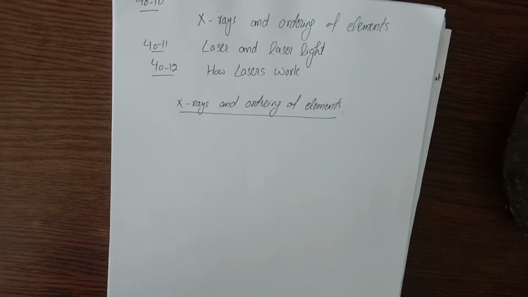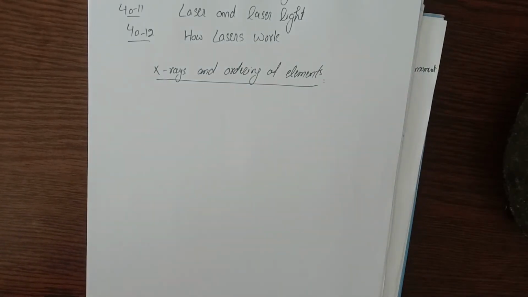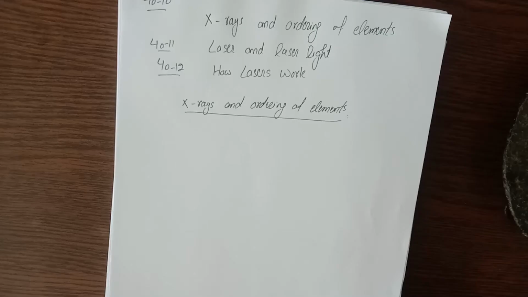When a solid target such as copper or tungsten is bombarded with electrons whose kinetic energies are in the kilo electron volt range, electromagnetic radiations called X-rays are emitted.